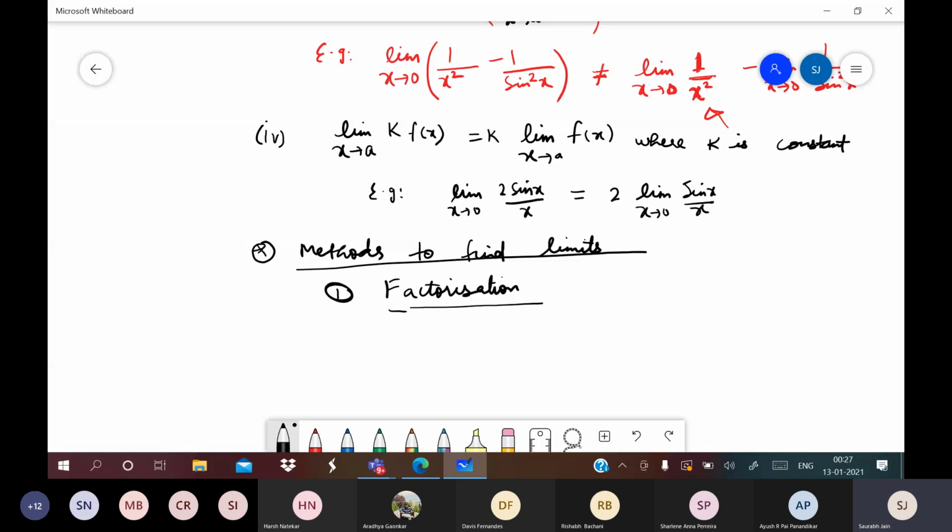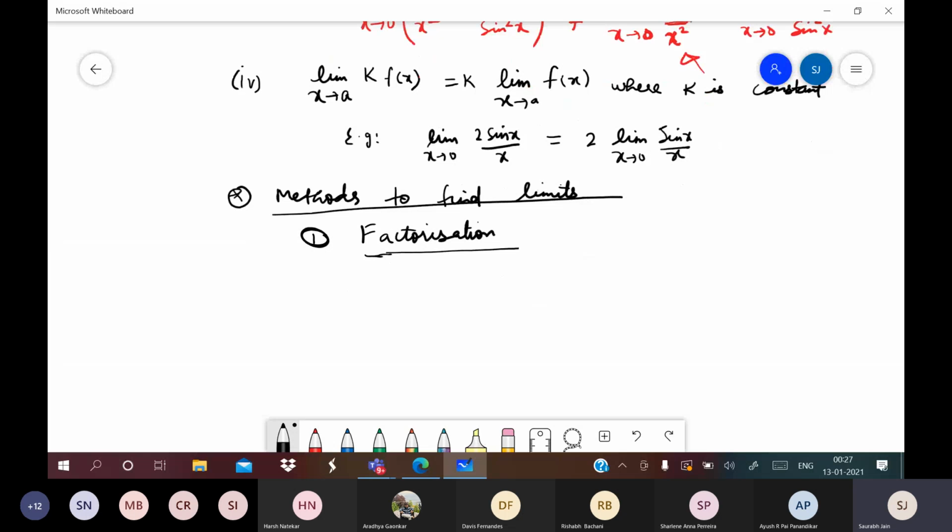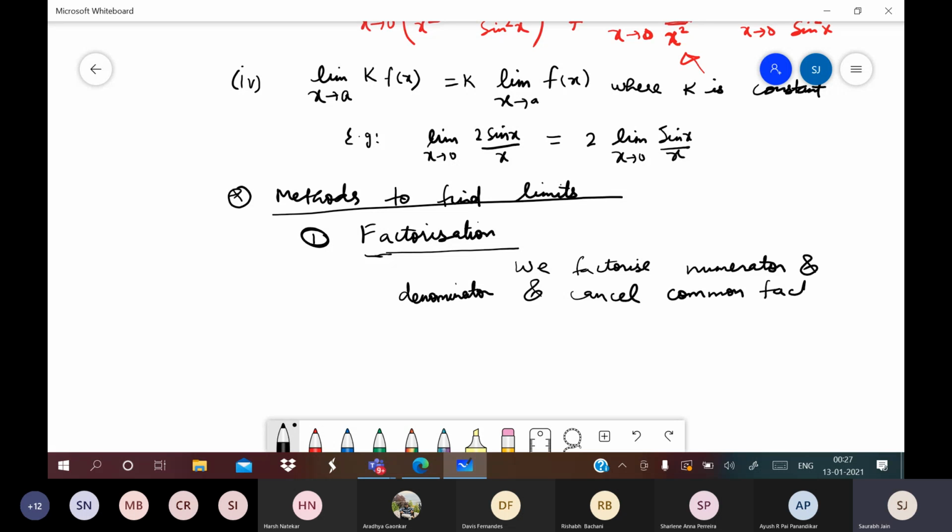So what we are going to do in this method, factorization, is factorize the numerator and denominator, and cancel common factors to evaluate the limit. Simple.